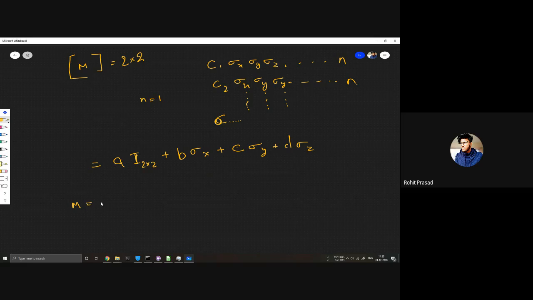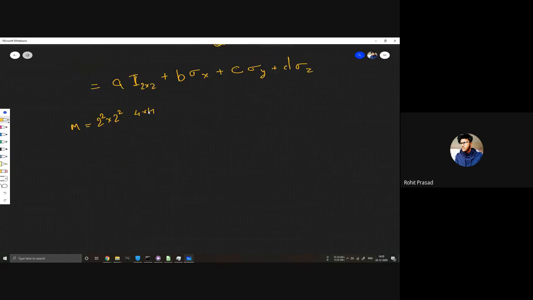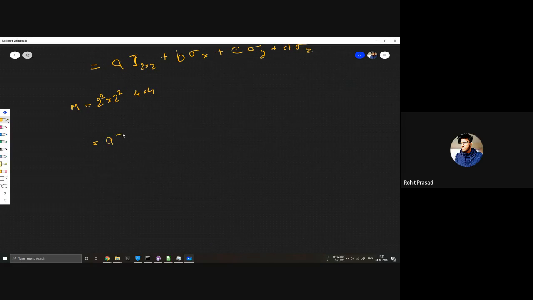For, let's say, M of size 2 to the power 2 cross 2 to the power 2, say 4 cross 4, it would be decomposed in A I, 4 cross 4, plus, let's say, B sigma x sigma y plus C sigma x sigma x plus D sigma x sigma z, and so on, all the possible combinations of these two, with some constants, up to sigma z sigma z.